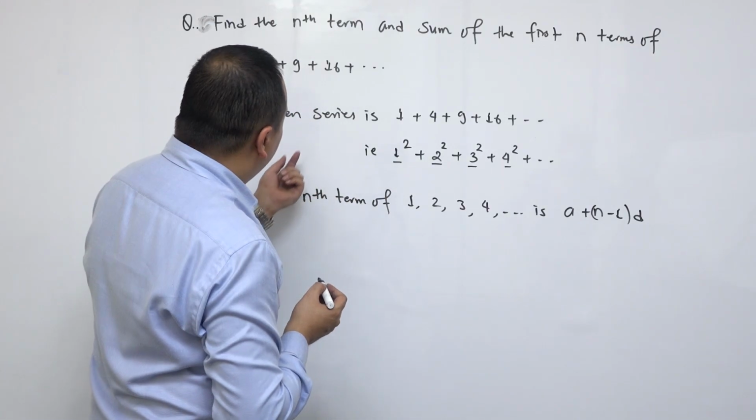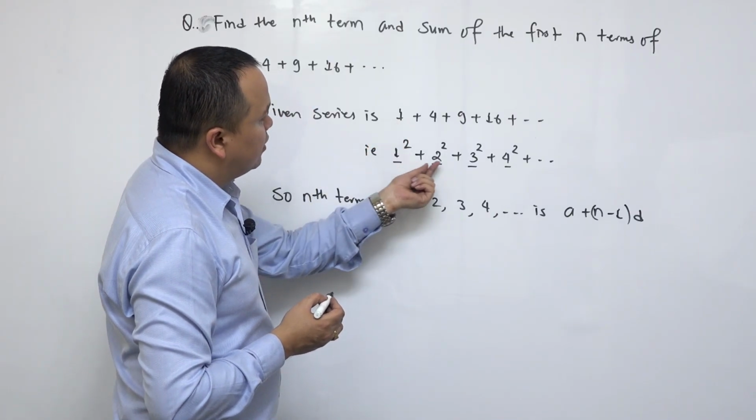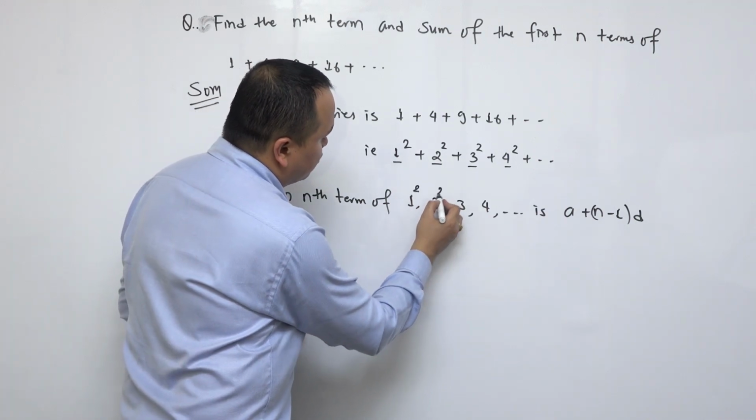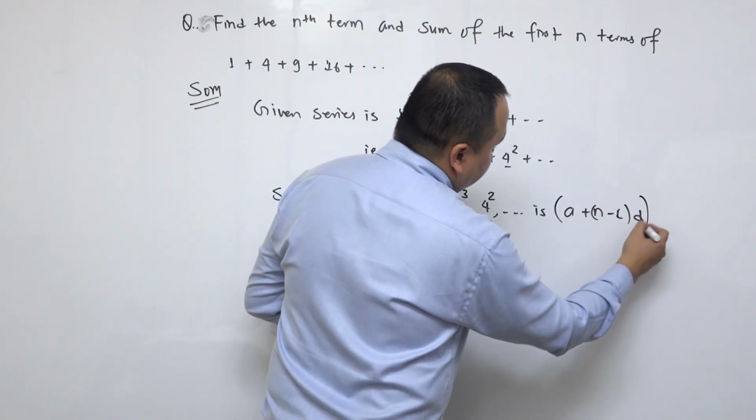But our given series is 1 square, 2 square, 3 square, 4 square. So here for 1 square, 2 square, 3 square, 4 square, it's whole square.